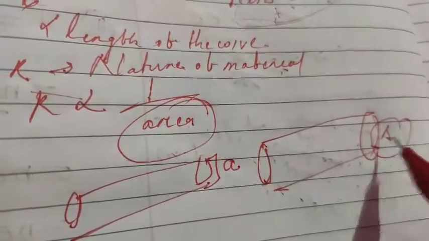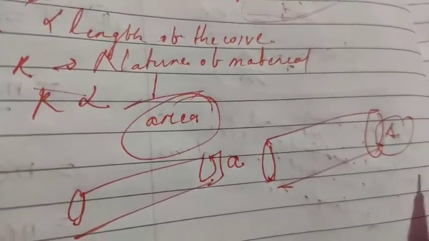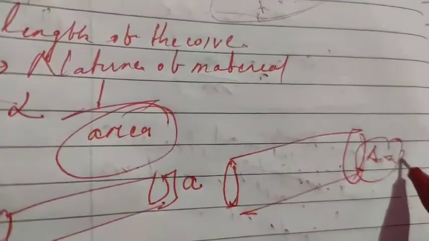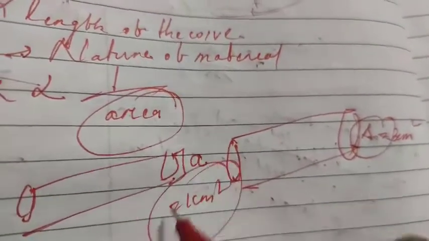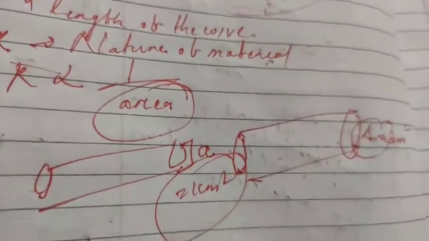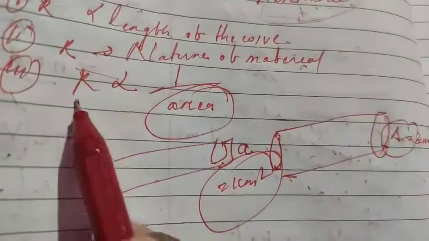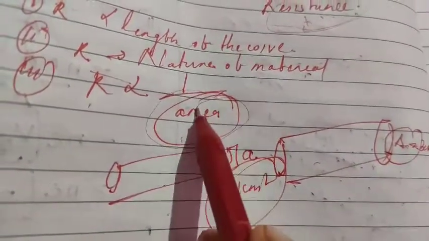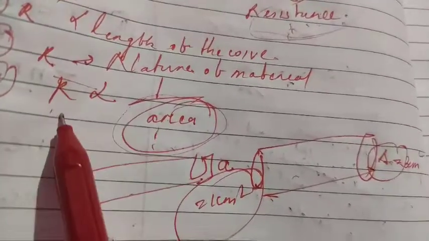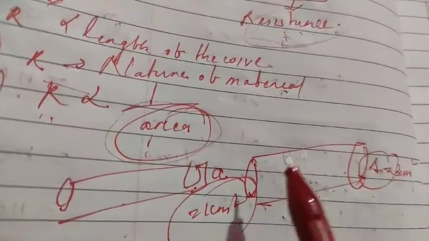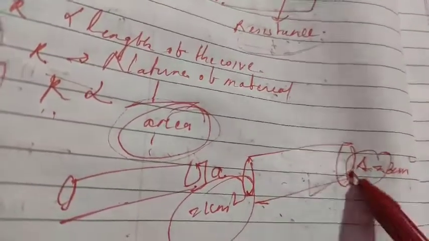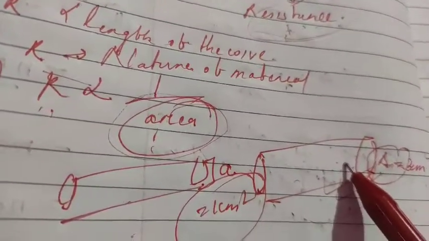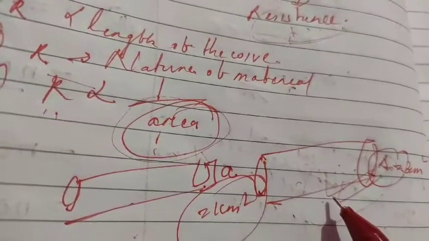Suppose this area is 3 centimeter square, this area is 1 centimeter square, in which wire is the resistance more? As you know, resistance is inversely proportional to area. The more the area, the less the resistance. Whose area is more, student? This one. So here area is more, so in this wire the resistance will be less.